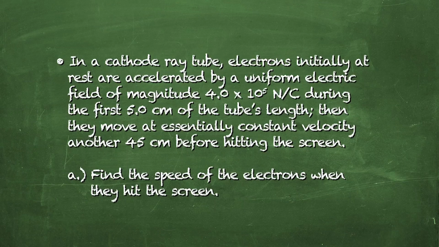Okay, so once again, I would like you to draw a diagram, list all of your knowns and unknowns, and this question is actually a kinematic question. It's also a non-equilibrium question because the electrons are initially at rest, but they don't remain at rest, they accelerate.